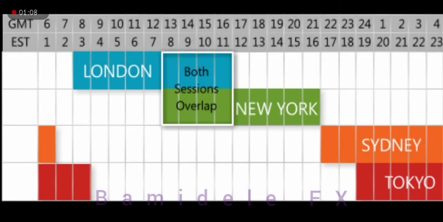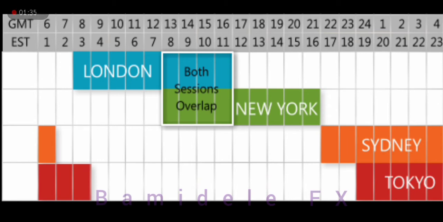You have the London session, then followed by the New York session, then finally the Sydney and Tokyo session. These sessions overlap a lot, Sydney and Tokyo, so we just call it the Asian session because Sydney and Tokyo are in the Asian hemisphere of the world.